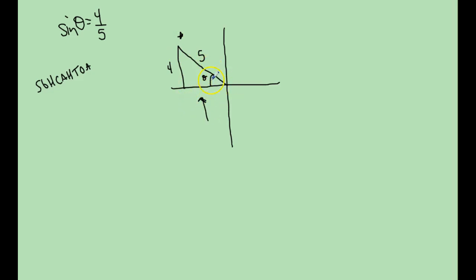Okay, so in order to find this, I can use the Pythagorean theorem, which gives me 5 squared equals 4 squared plus x squared. 25 equals 16 plus x squared. 9 equals x squared, so x equals 3. And here I know I'm going to be on the negative side because, based on where my triangle is, this x is going to be negative 3.